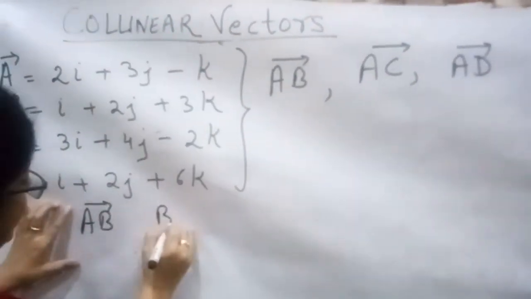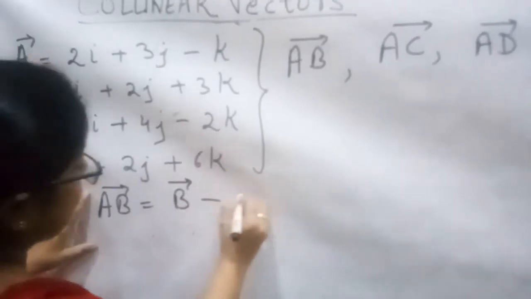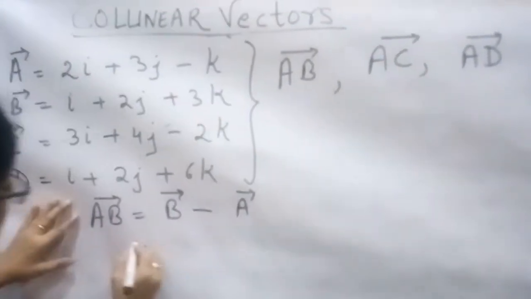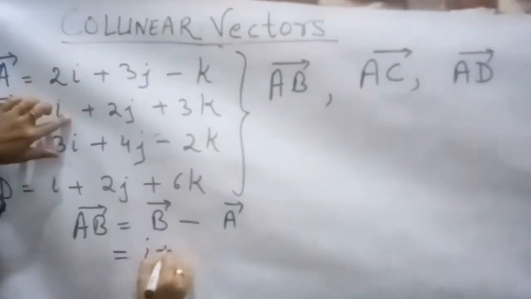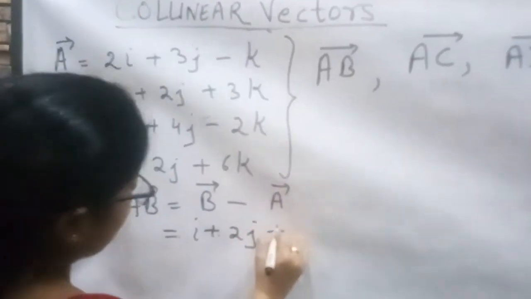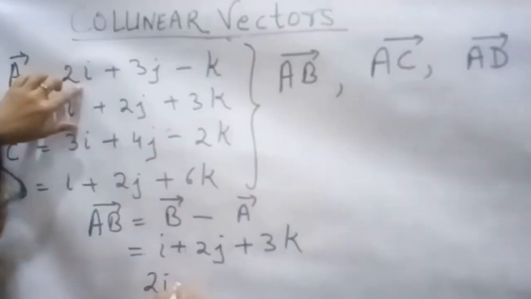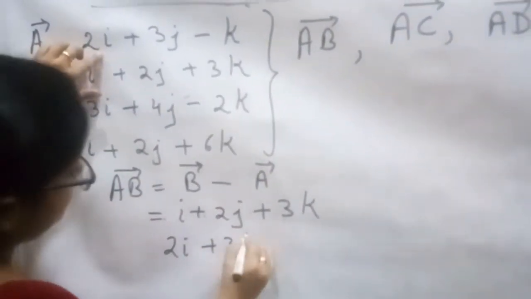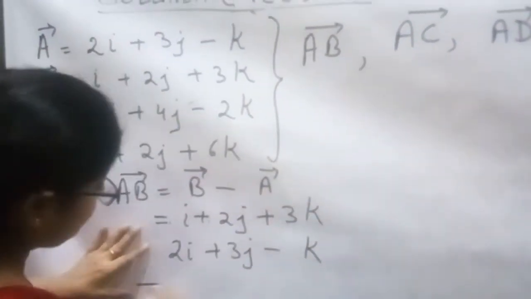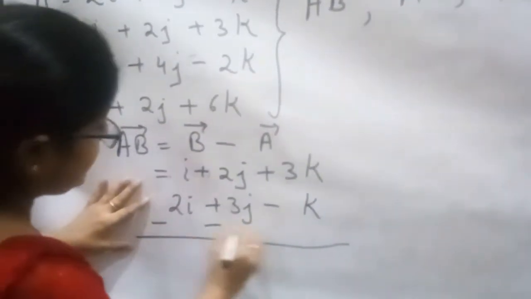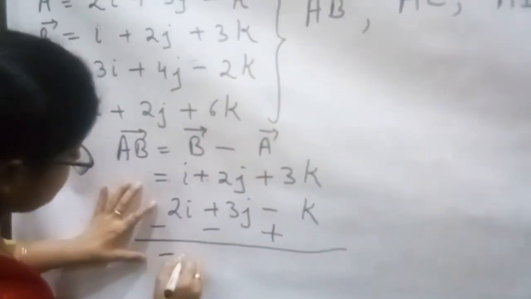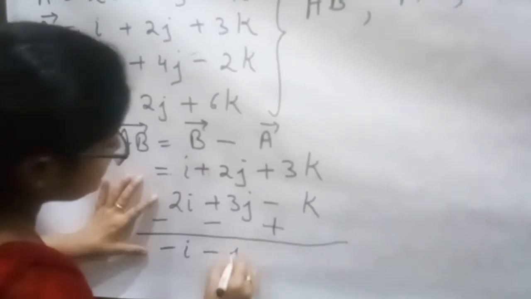We subtract vector A from vector B. That means i plus 2j plus 3k, and the vector A, 2i plus 3j minus k; we have to subtract them, so minus and plus. We have the answer minus i minus j plus 4k.